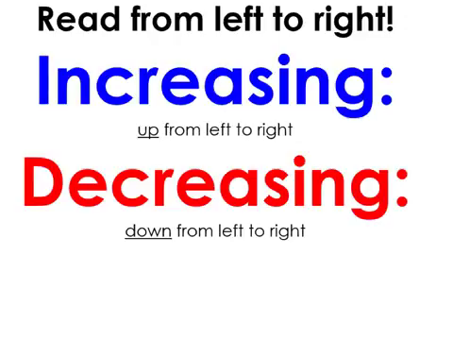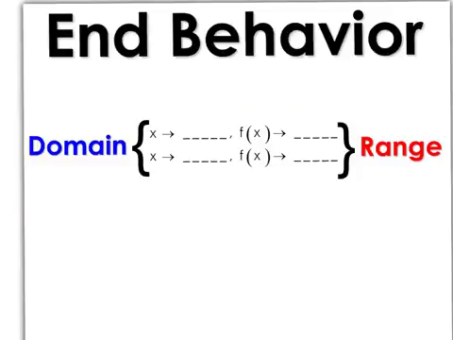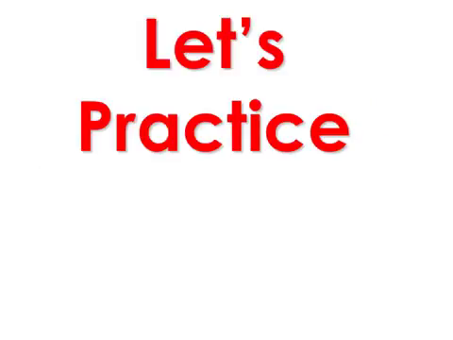And remember we must use values from our domain. Within end behavior, we are trying to determine what happens to our y values as our x values increase and what happens to our y values as our x values decrease. So now let's practice.